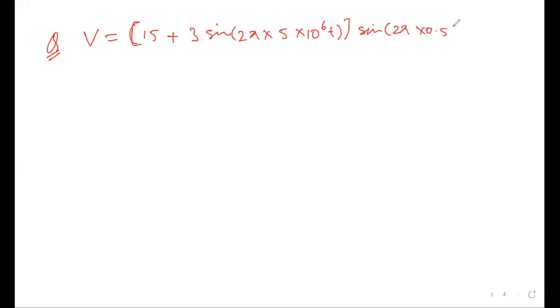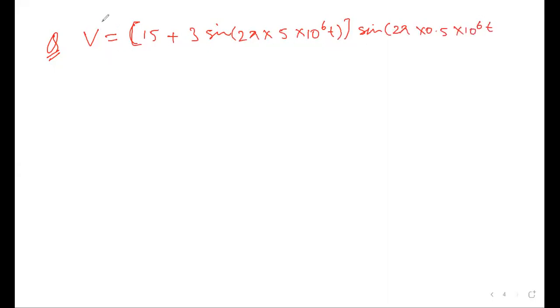So if the modulating signal V is written as 15 plus 3 sin(2 pi into 5 into 10 to the power 6 t)... sin(2 pi into 0.5 into 10 to the power 6 t). Okay, so this is V.